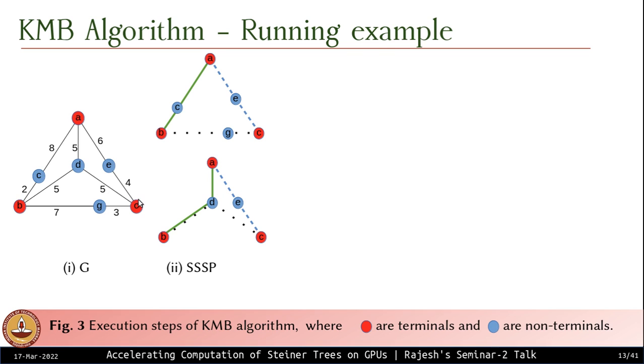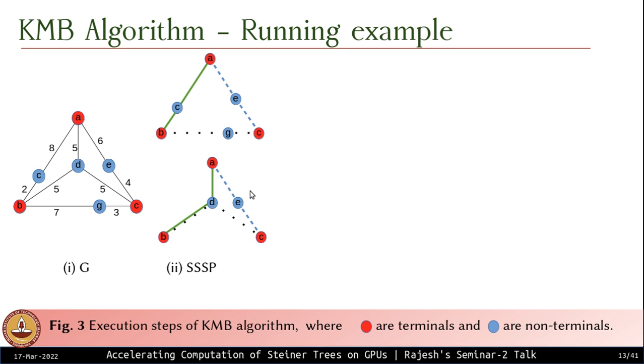The terminals here are A, C and B. Notice that the example is designed in such a way that between every pair of terminals we have two shortest paths, so the algorithm is free to choose any one. In the top configuration, for example, the shortest path for A and B is via C. In the bottom configuration, the shortest path for A and B is via D, and so on.